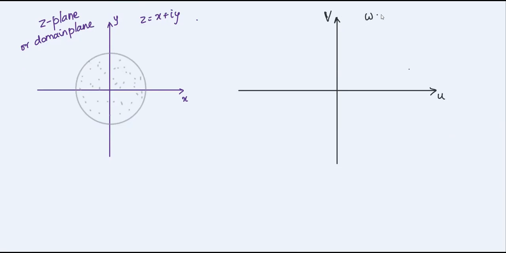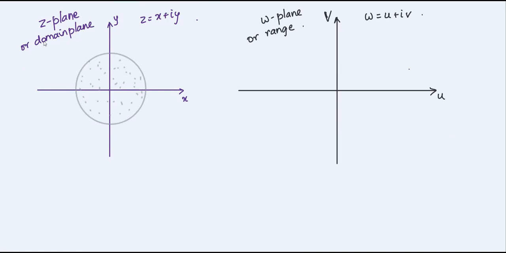So W is u plus iv, and this is called the W plane, or the codomain plane, or the functional plane, or the range, whatever you call it.